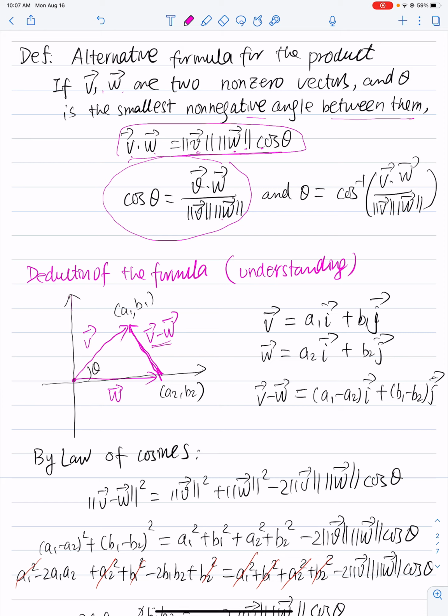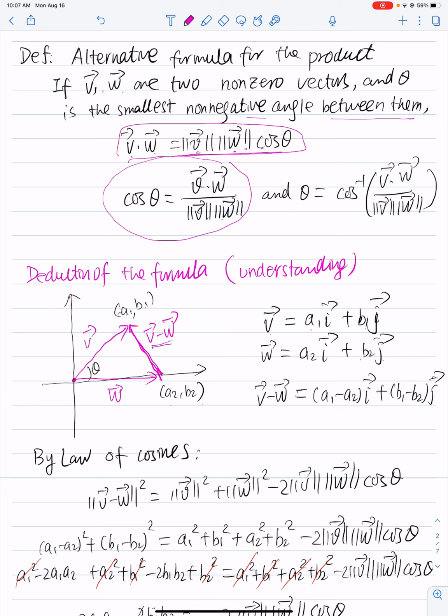If we know the points are a1, b1 and a2, b2, what is v? v is a1 i plus b1 j, with w being a2 i plus b2 j. Do you remember what v minus w is? It can also be the terminal minus the initial.